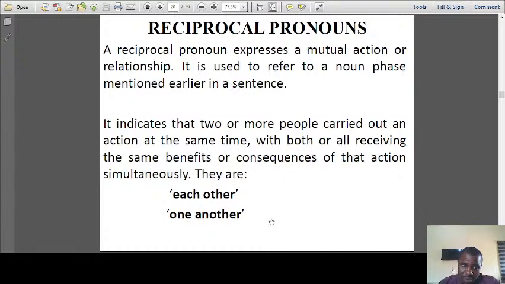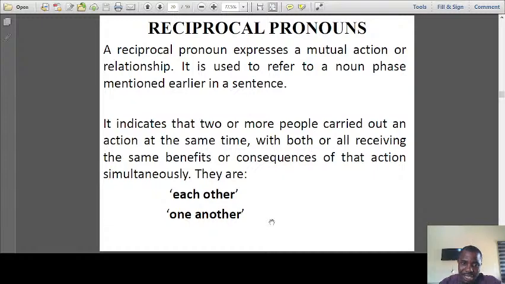If we say Uche fights John, and we want to use reciprocal pronouns, we can simply say they fight each other. So what it means is that Uche fights John, John fights Uche.